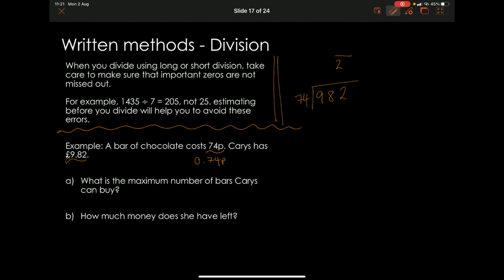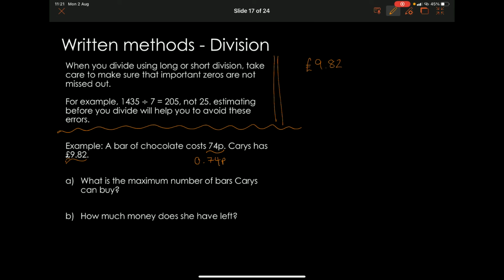So what I'm going to do is use a different method, and it's a little bit like chunking. And what that means is, okay, I've got £9.82. How many chocolate bars can I buy for £9.82 if they are 74 pence each?